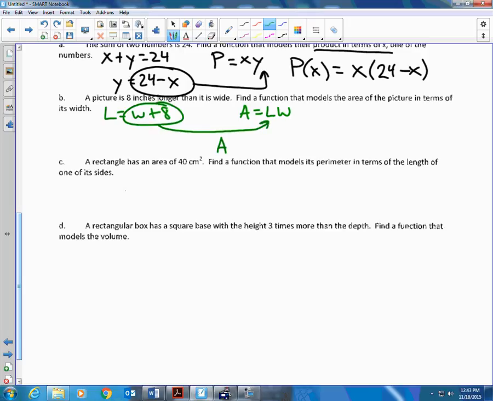So the area in terms of width is equal to W plus 8 times W. If you'd like to write that as W squared plus 8W, that's fine as well. It does only because it says it wants it in terms of width. If you wrote L's, it would need to be L minus 8.